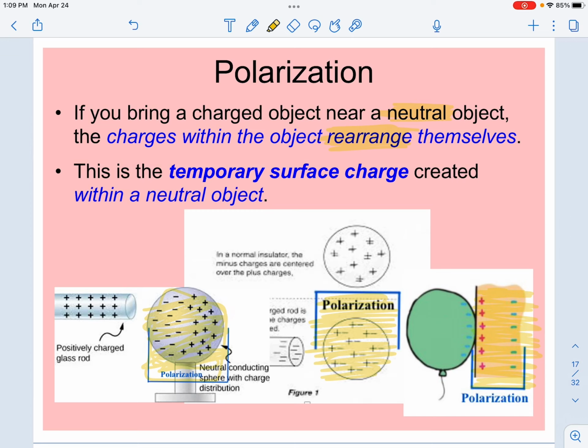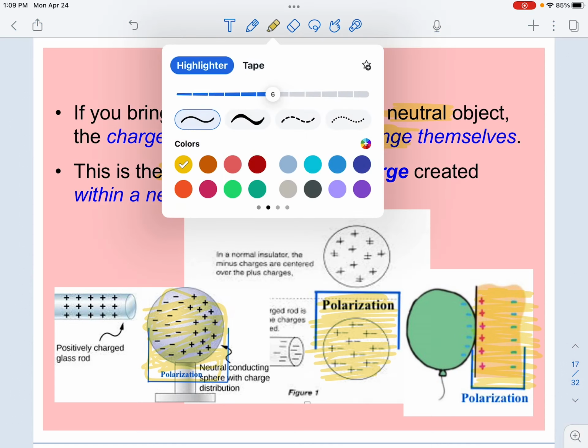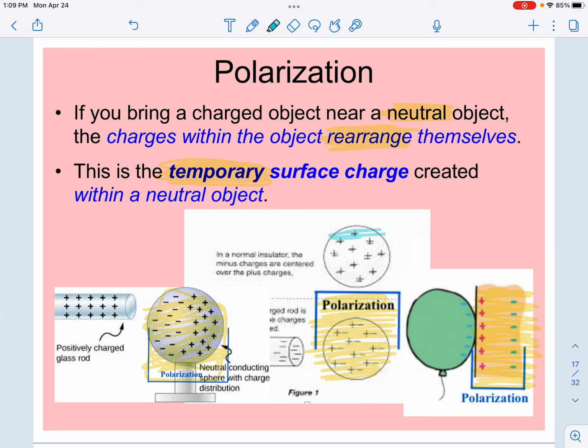The electrons are going to rearrange themselves within the object that they're on, and that rearranging is going to be temporary. Remember, in a neutral state, we have an even number of positives and negatives, and they will both evenly spread out. What we're trying to illustrate in this image is that we have the positives and the negatives evenly spread out so that overall this is a neutral object.